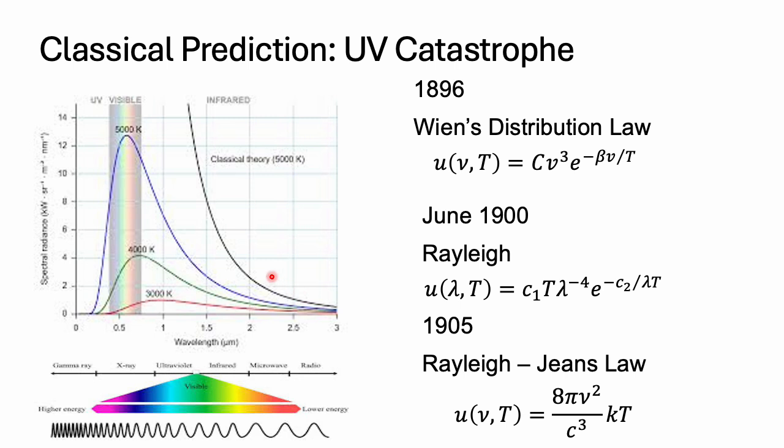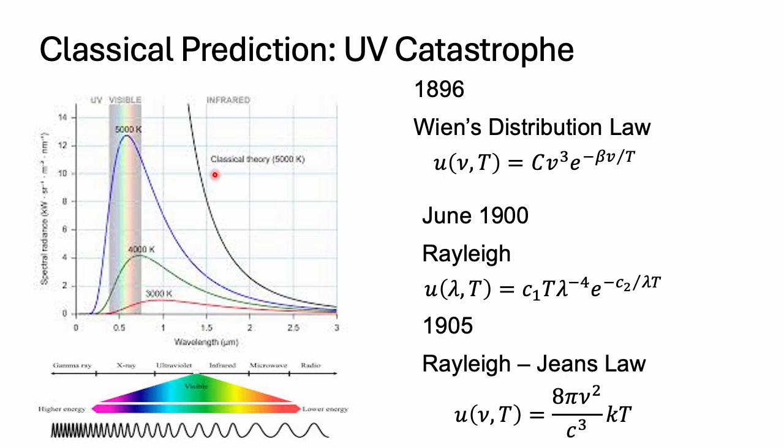This means that at shorter wavelengths like UV, the emitted radiation should become infinitely strong as the wavelength approaches zero, and this would result in a catastrophic amount of energy, which obviously does not happen in reality. So this catastrophe refers to the absurdity of this prediction.